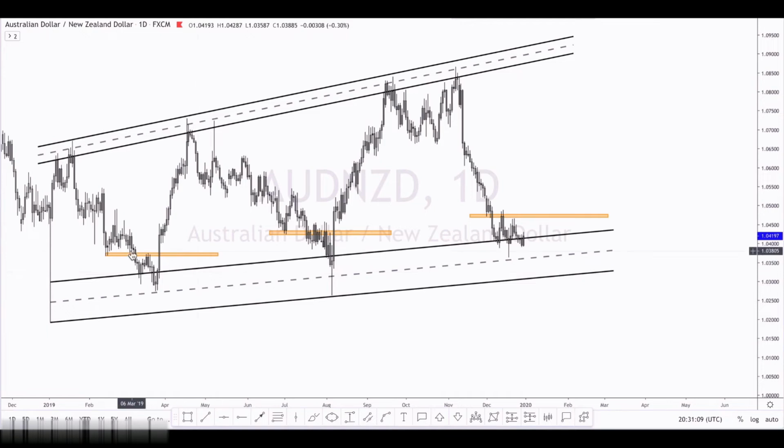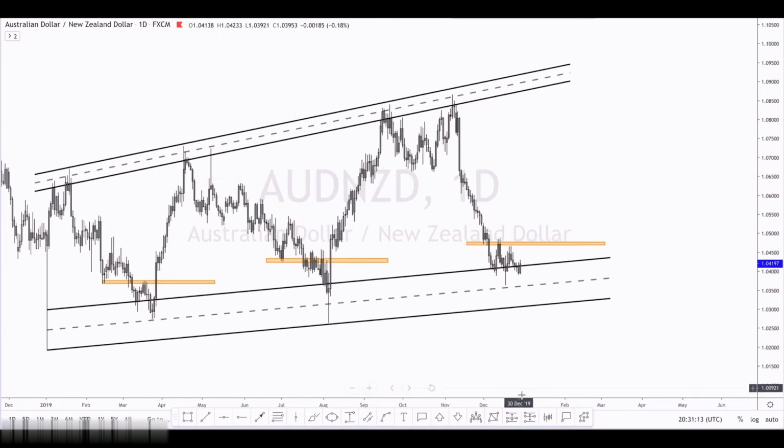If we get above this previous support and resistance, price rallies up to the top of the channel. So once price breaks above here, we might have an extended rally right back up to the top of that channel.